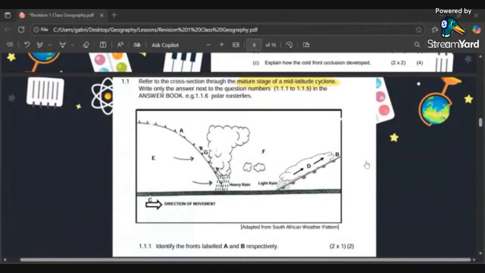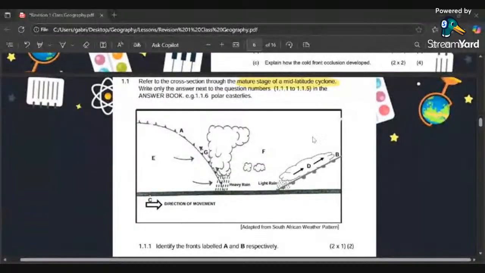This is for grade 12. Someone is asking what grade this is for. So this is for grade 12. Grade 12 revision. Matrics are writing their paper next week.